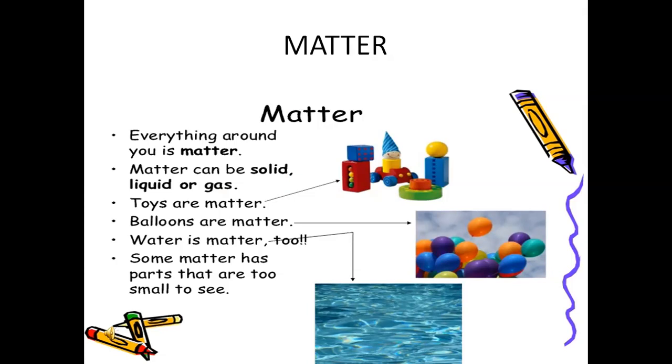Toys are matter. Balloons are matter. Water is matter too. Some matter has parts that are too small to see. All these things occupy space and have mass, so these are all matter.